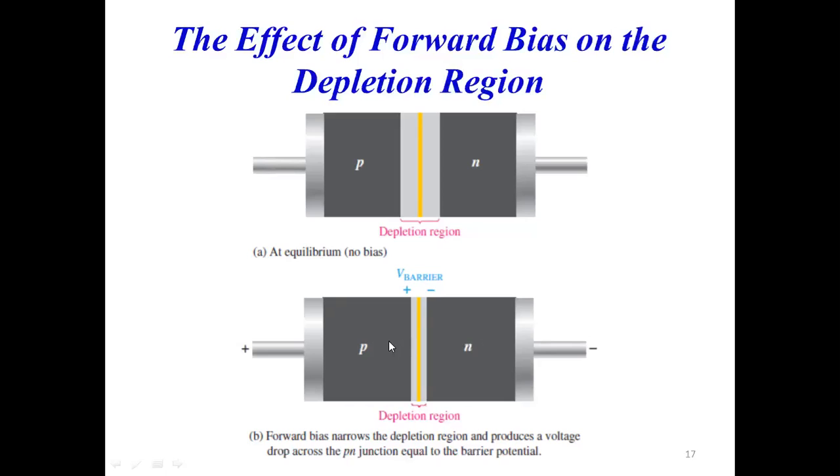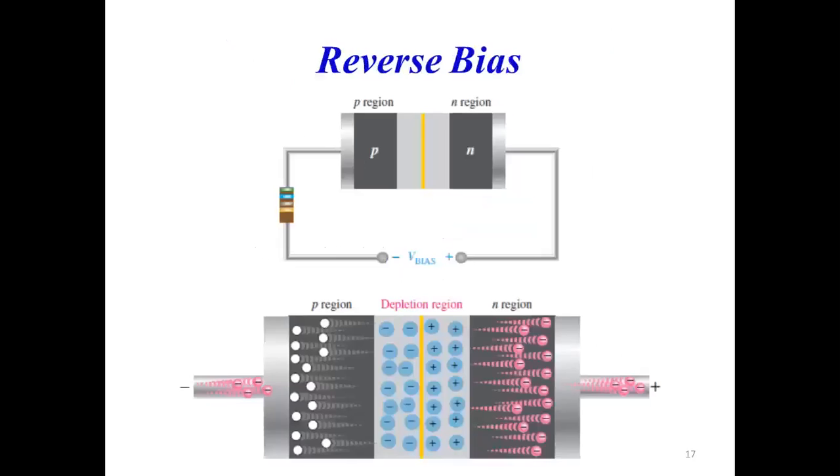So obviously, it will reduce your depletion region. So this is the depletion region. Just see here, the figure shows a reduced depletion region with forward biasing. The anode is given positive potential, and the cathode is connected to the negative terminal. Is that clear? Now, let us see how to reverse bias a diode.